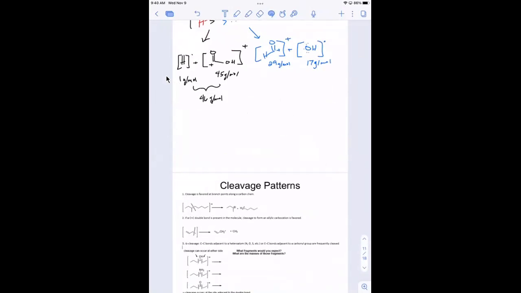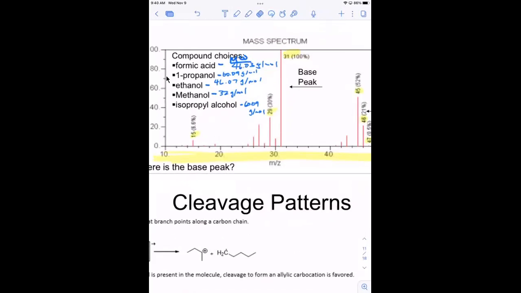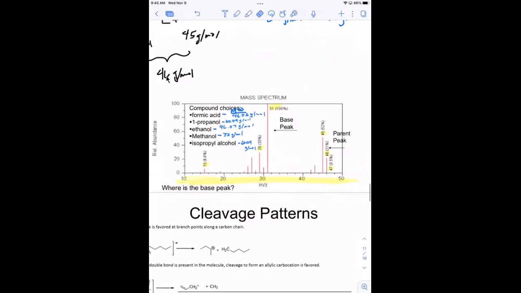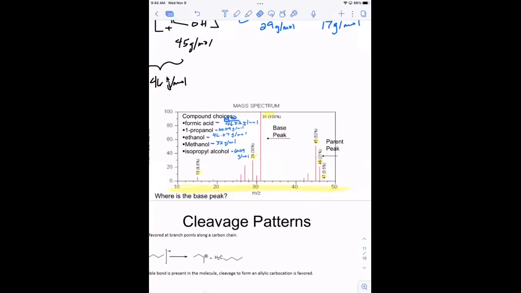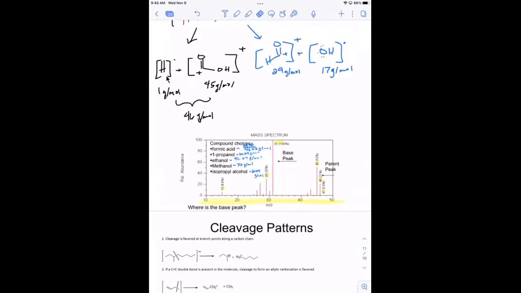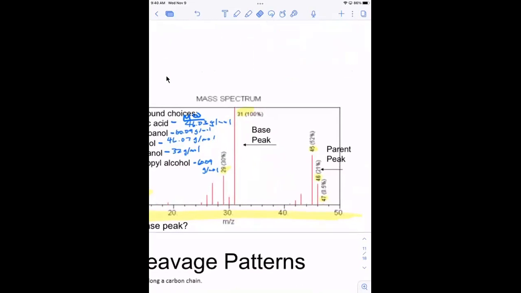So if we look at the spectrum, do we see a peak at 46? That's the parent, right? Yeah, that's fine. Do we see a peak at 1 or a peak at 45, meaning you lost a proton? Do you see that? Okay. M minus 1 is fine.